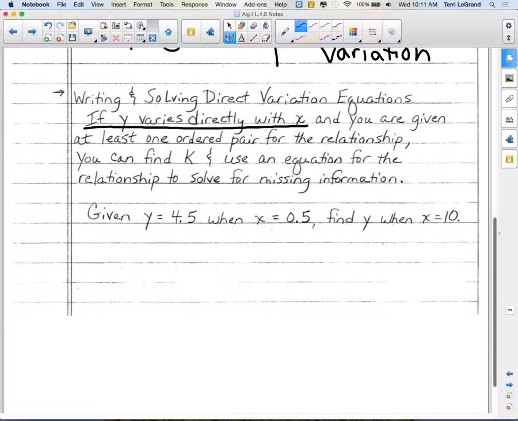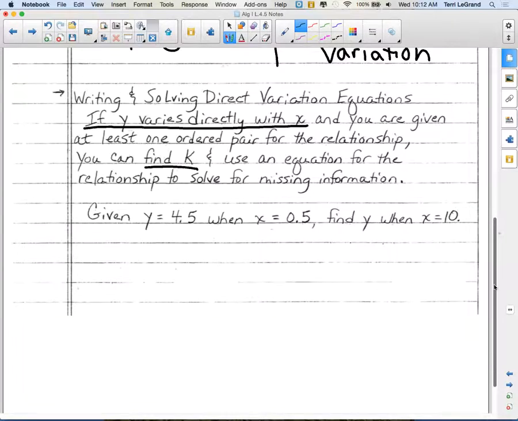If x is being multiplied by something, and nothing's being added or subtracted, so they're telling you you have a direct variation relationship, and you are given at least one ordered pair. They give you just one ordered pair. That's all they give you. But just from that one ordered pair, you should be able to find the k. You can find the k, and then you can use an equation relationship to solve for the missing information.